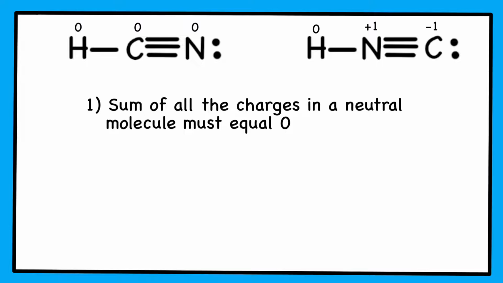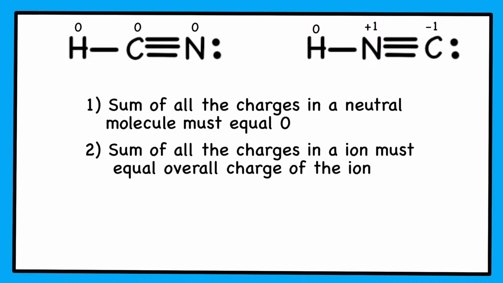So if we do a formal charge for each individual element and it doesn't equal 0 total, then that's going to be less favorable than one that equals 0 overall. Rule 2: the sum of all the formal charges of an ion must equal the charge of that ion. Let's just say our ion is a -1 overall, then once we do our formal charge for everything, we must have a -1 overall for it to be stable.